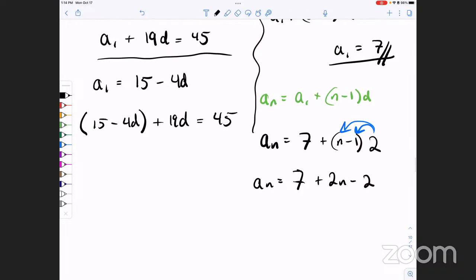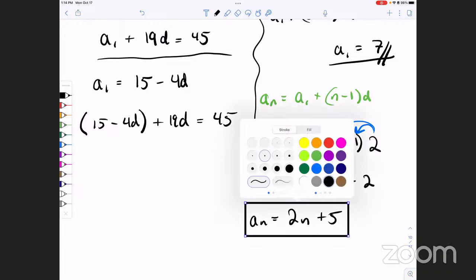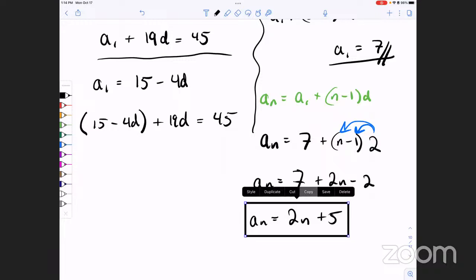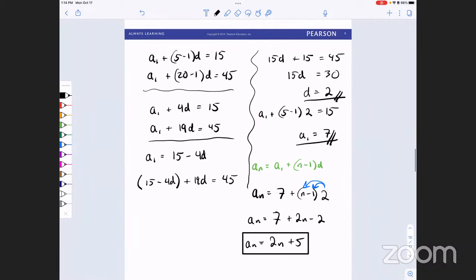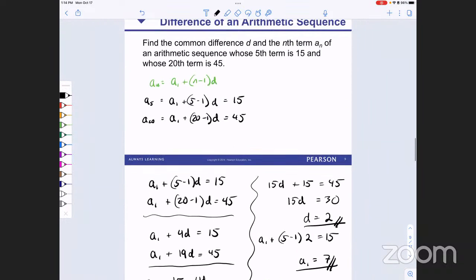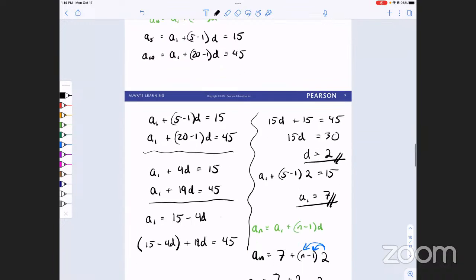So then our nth term is going to be 2n plus 5. We can verify that this works, right? Because we said that when n is 5, the output should be 15.